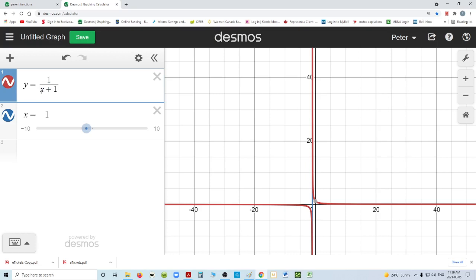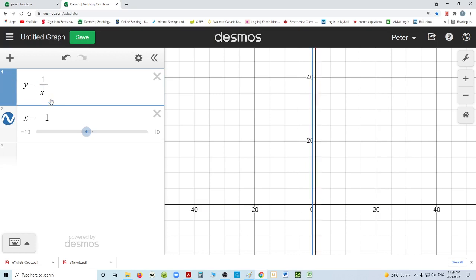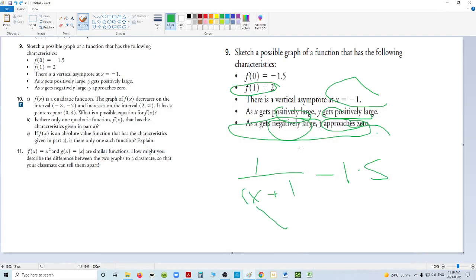Let's look at 1 over x squared for a second. No, we need something that's going way up here as y is going way up here. So it's not a reciprocal.